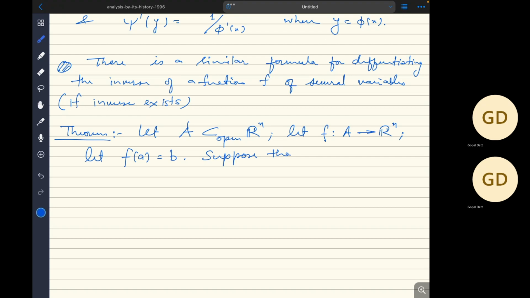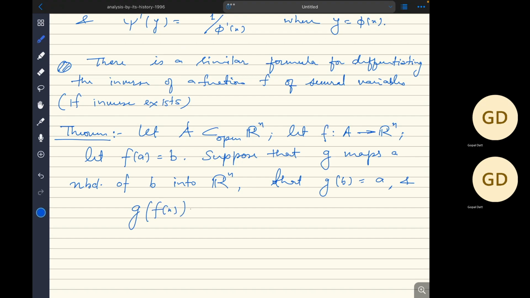Suppose that G maps a neighborhood of b into Rn, and suppose that G of b equals a, and G of f of x equals x for all x in a neighborhood of a.